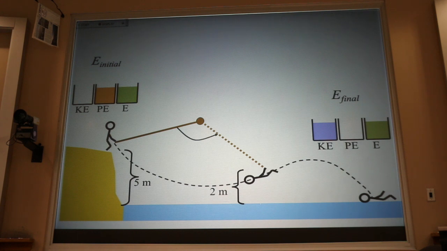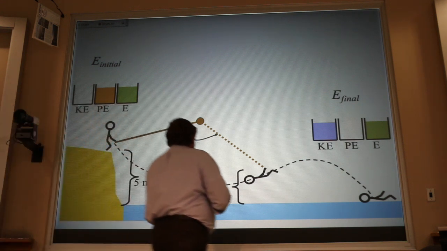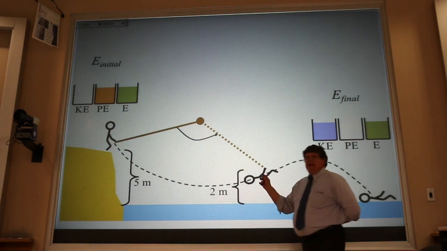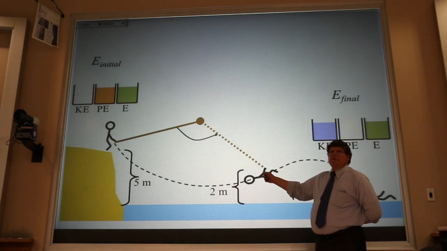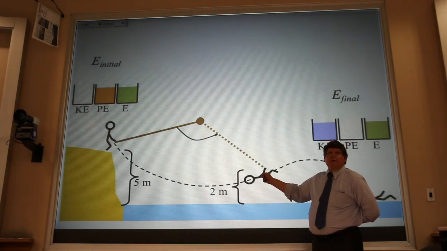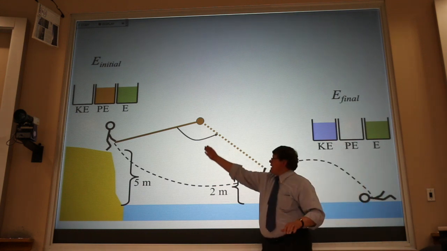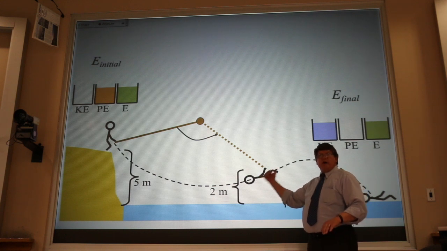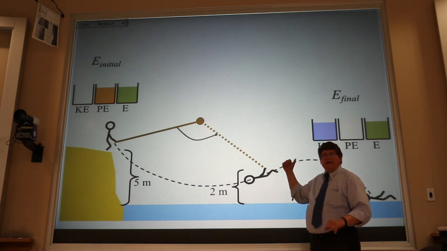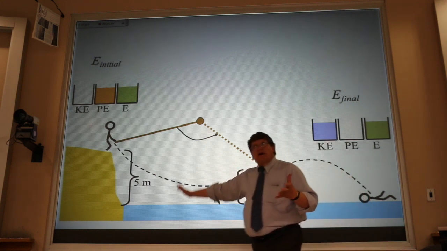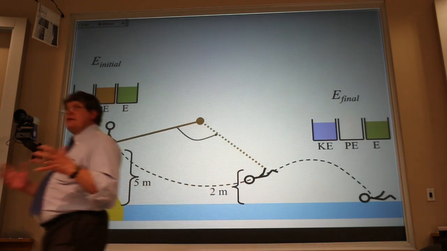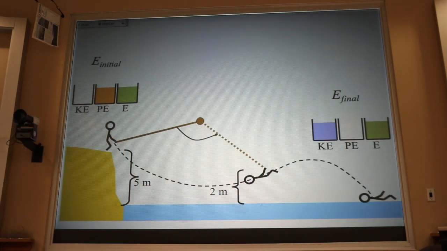Now, here's what many, many people did. They used energy to figure out how fast he was going here. Pretty straightforward. But then they used a whole lot of trig to figure out what angle he was going at. Then they turned it into a projectile motion problem with very ugly numbers, and they got lost.